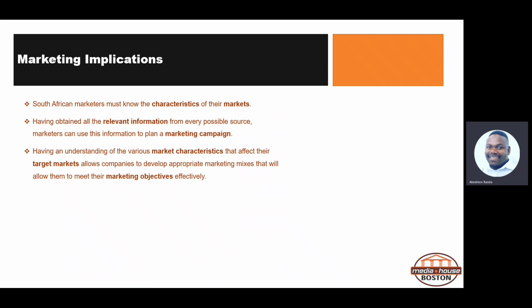South African marketers must know the characteristics of their markets, and having obtained all the relevant information from every possible source, marketers can use this information to plan a marketing campaign. Having an understanding of the various market characteristics that affect their target markets allows companies to develop appropriate marketing mixes that will allow them to meet their marketing objectives effectively.